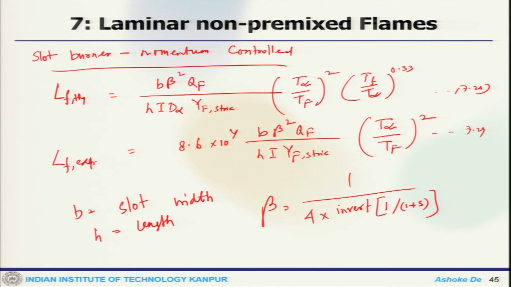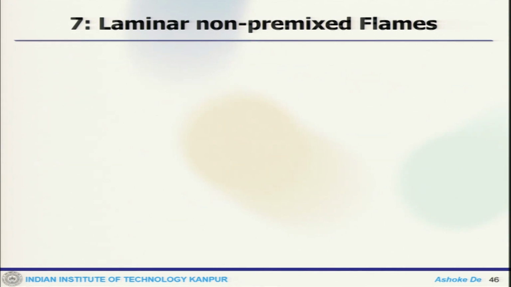Now, if we define I, which is the ratio of the initial momentum flow to the slot, to the uniform flow, that is how you get it.